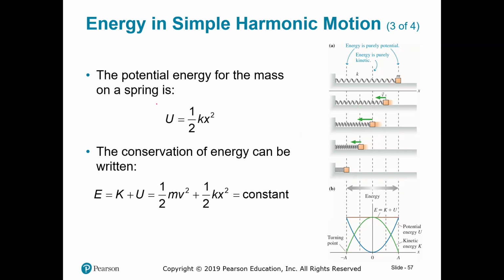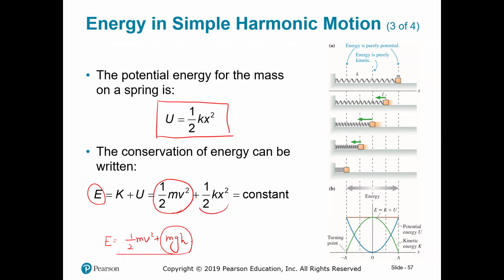Again, your spring potential energy is 1/2 kx squared. So your total energy, like you did before for gravitational energy, was what? 1/2 times mv squared plus mgh, right? But here you have the same kinetic energy, but instead of gravitational potential energy, you have spring potential energy, and the sum is always a constant.